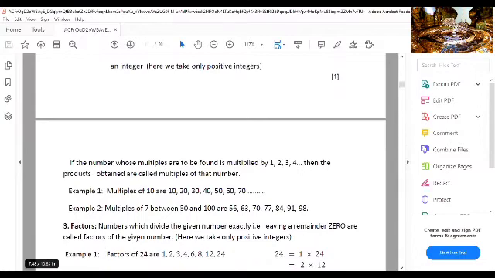Now take another example. Example 2 is multiples of 7 between 50 and 100. You have to observe numbers above 50 and below 100 that are multiples of 7.